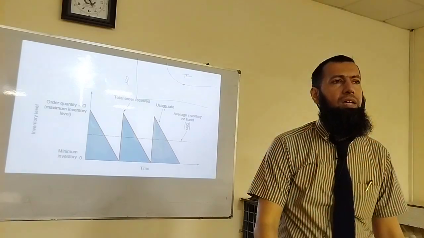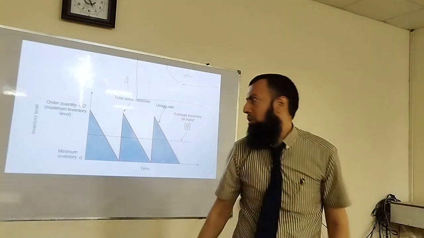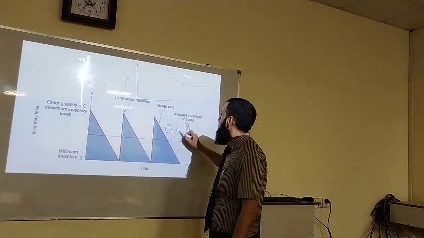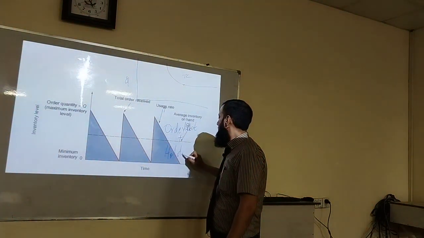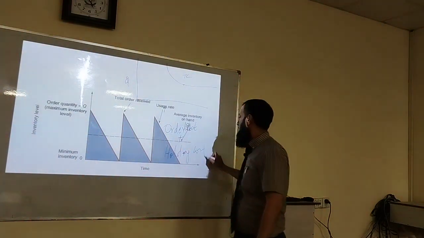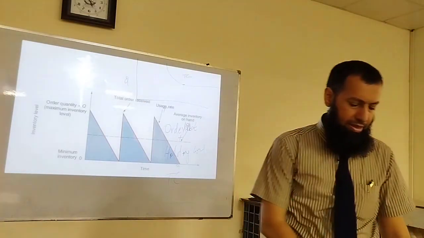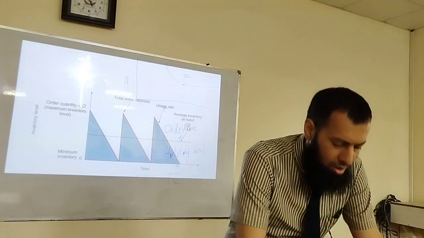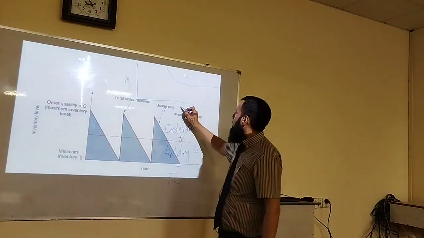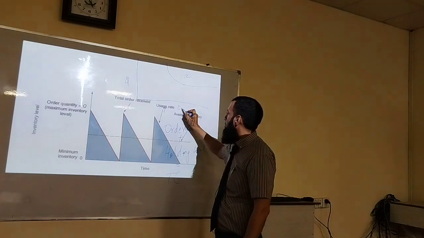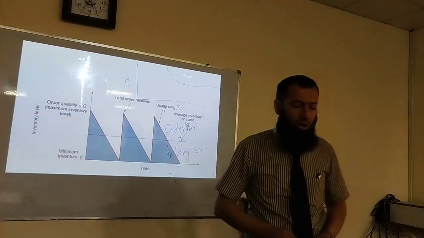Ordering cost plus holding cost is the total cost. At that point the total cost is minimum. This is the optimal order quantity, or EOQ. This is the optimal order quantity when your total cost is reduced.